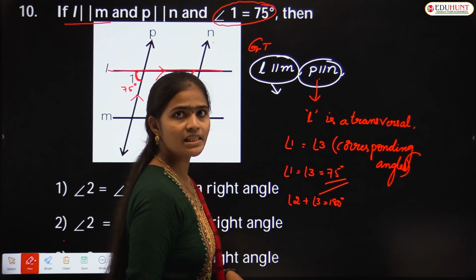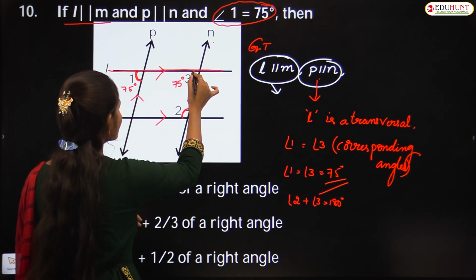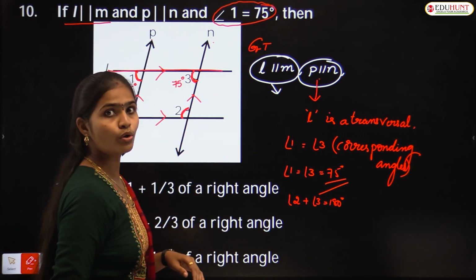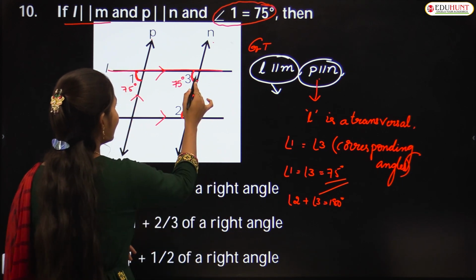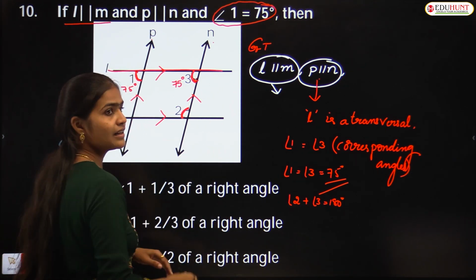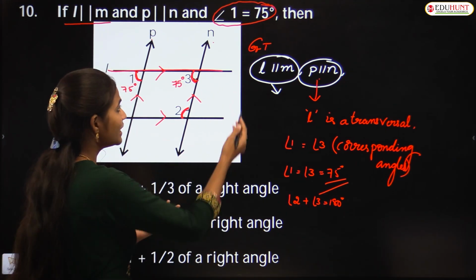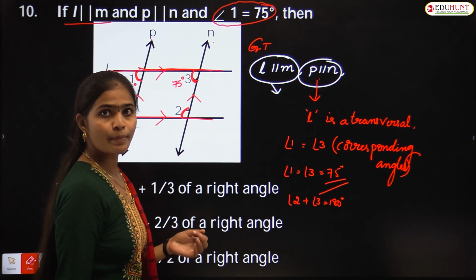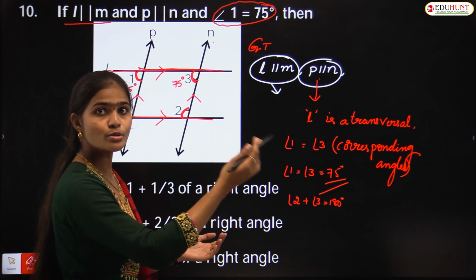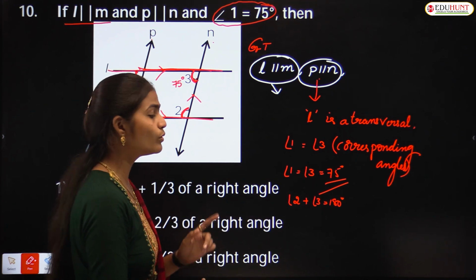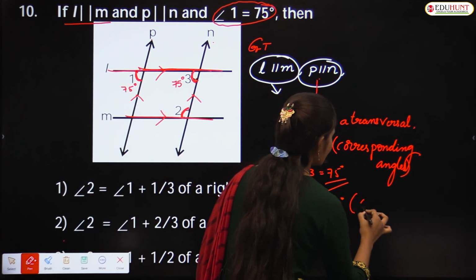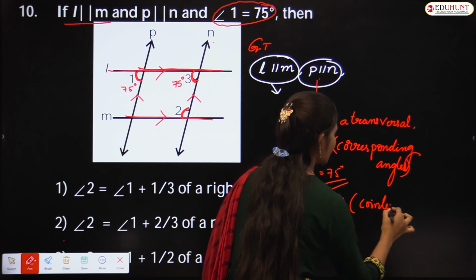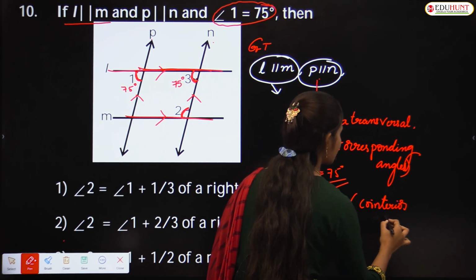Because those two angles form co-interior angles, and these two angles add up to 180 degrees. Why? Because in the question it is already given that these are parallel lines. So the parallel lines condition is given, so the co-interior angle sum must be 180 degrees. So by using the co-interior angles condition.